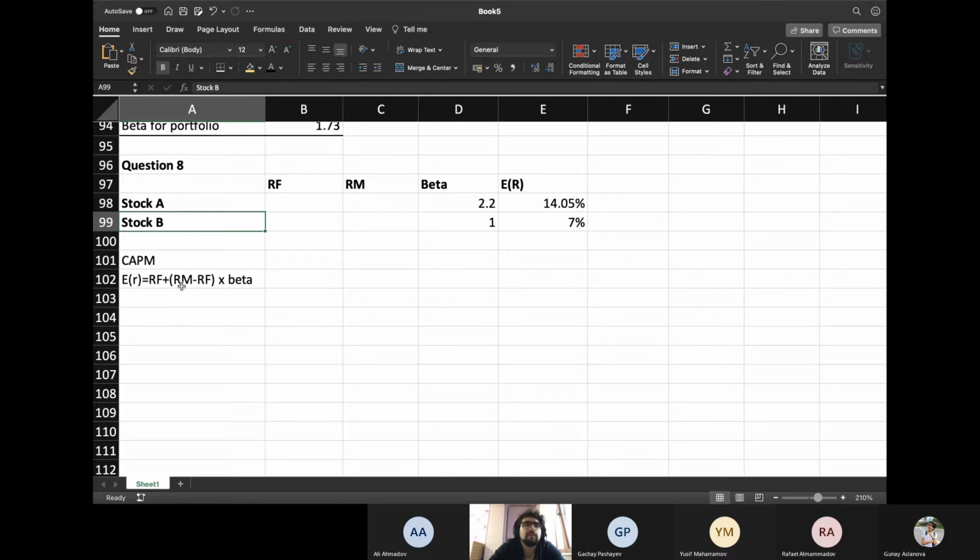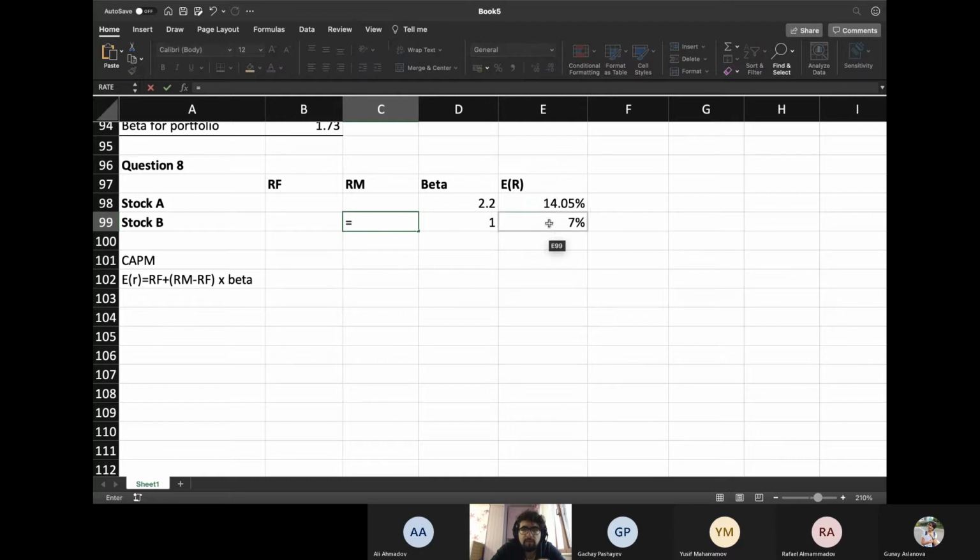So expected return is market return. And also by definition, if beta is 1, it means it is market index, because it has beta of 1. So expected return is the same as market rate.